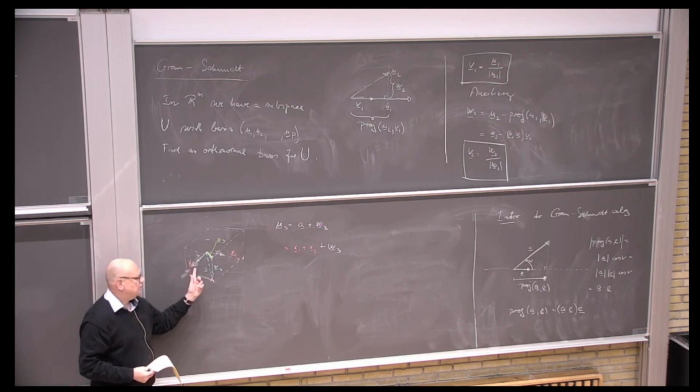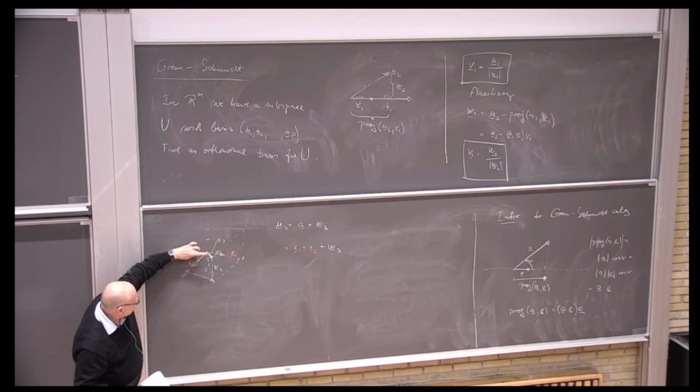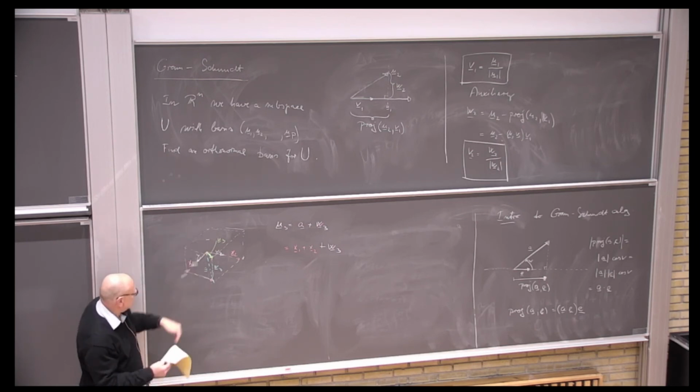But what is the x1 vector? The x1 vector is the projection of U3 on the unit vector V1.